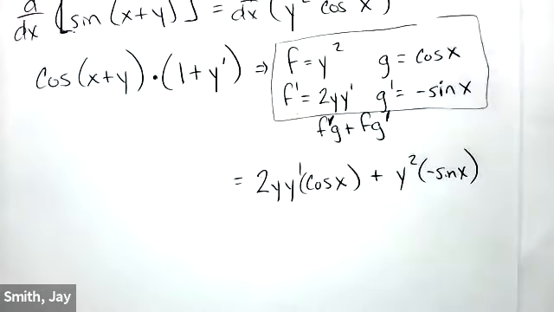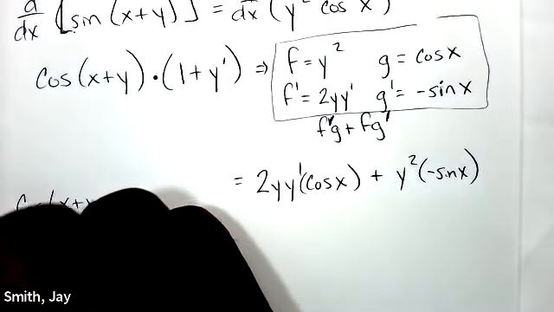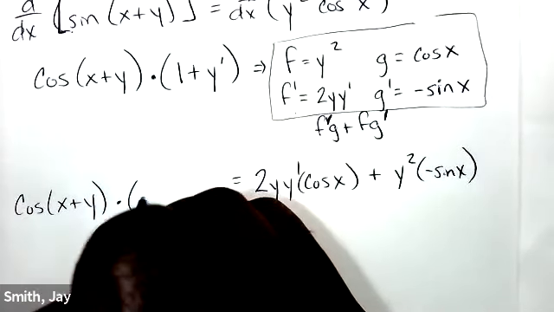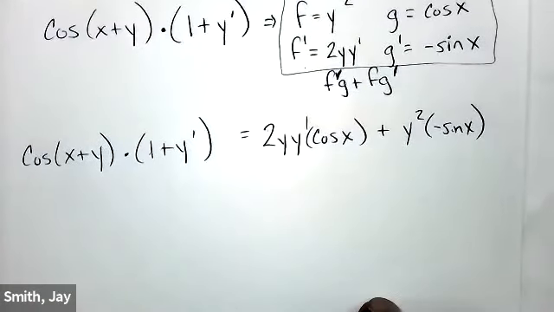And it's still equal to that derivative on the left-hand side, which we have found to be cosine of x plus y, and still needs to be multiplied by the derivative of the inner function, 1 plus y prime.